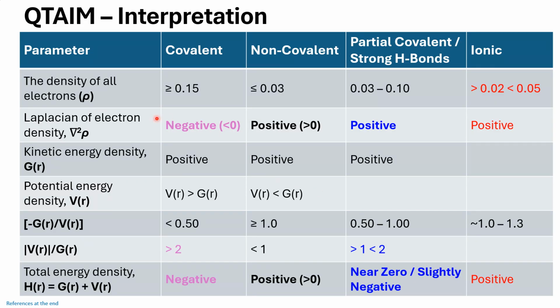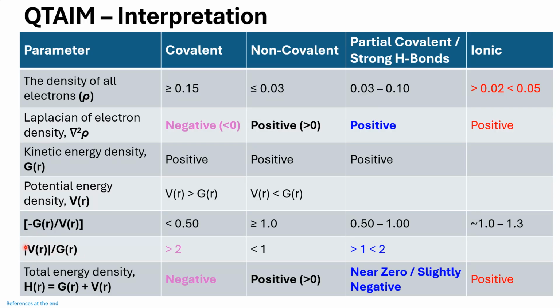I'm not going to waste too much of your time, but it is necessary that we discuss a few basic things. If you look at the table, we have these different values: the electron density, rho, the Laplacian of electron density, kinetic energy density, potential energy density, and their ratio.